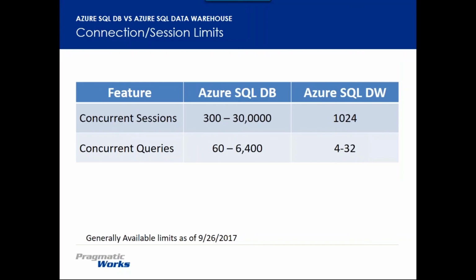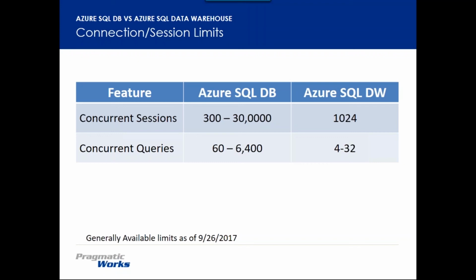This is another difference between the two: the number of sessions and concurrent queries that are allowed. On the Azure SQL Data Warehouse, at the highest level, you're only allowed to have 32 concurrent query executions, which depending upon what you're doing, can be plenty or can be a challenge. But when you compare that to the Azure SQL database, at the highest level, it supports up to 6,400 concurrent queries.